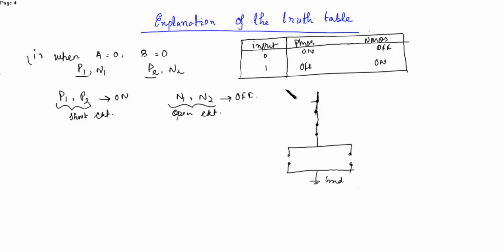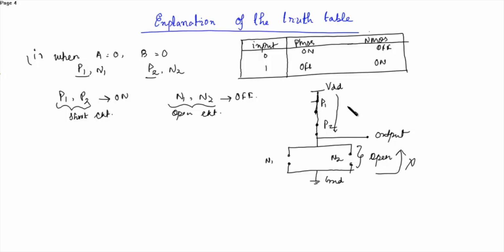This is ground, this is VDD, this is P1, P2, this is N1 and this is N2. The output here. Since the N1 and N2 are open circuited, this won't flow, and since these two are short circuited, the obtained output will drive VDD.